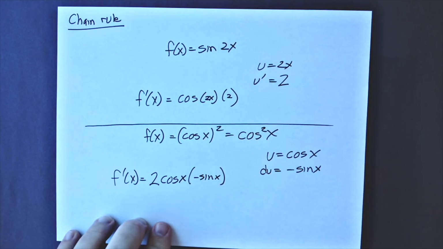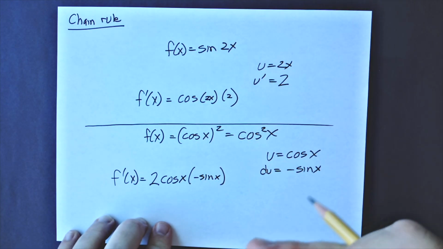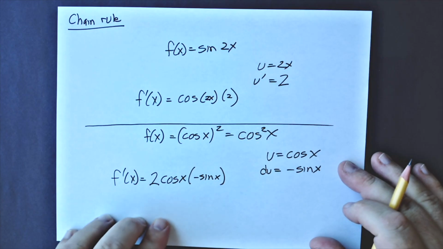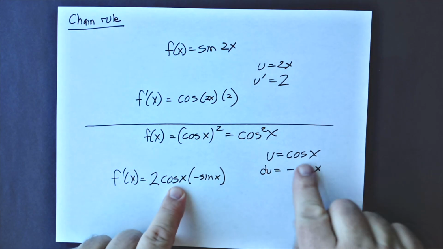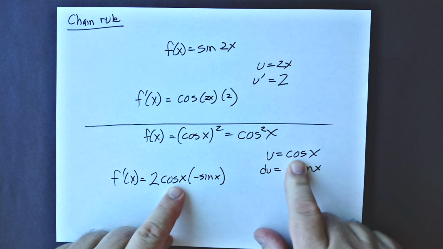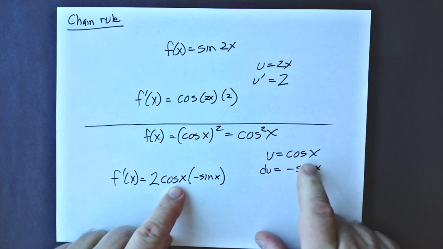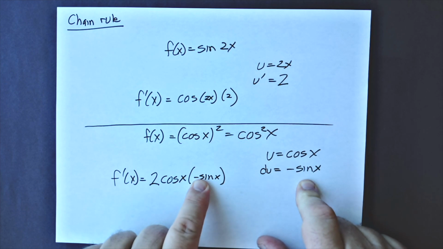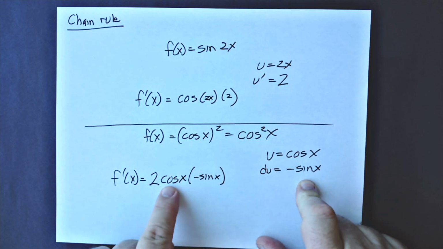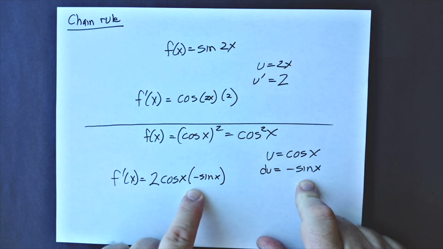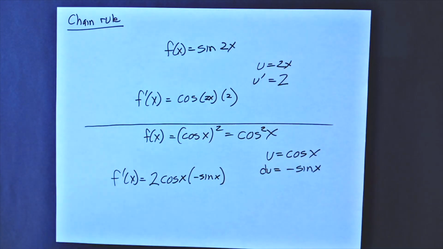Well, it's 2u u prime, or du. So here's 2u, because u is my cosine of x. What's the derivative of the cosine of x? Negative sine x, and that goes right there. So I have 2u du. All right, and we're going to practice a whole bunch more of these. You're going to get quite good at this, my friends.